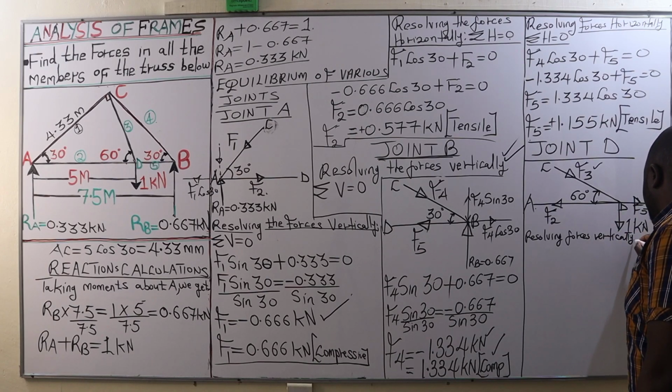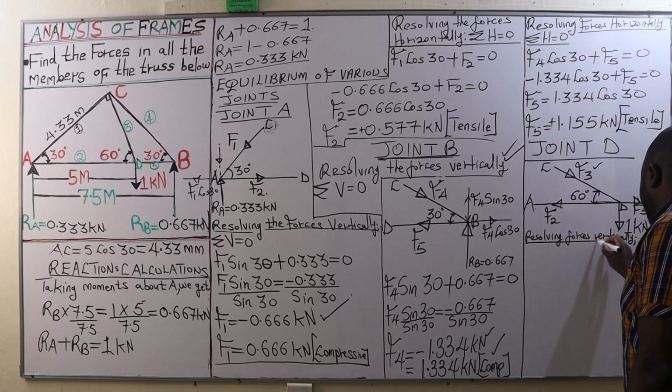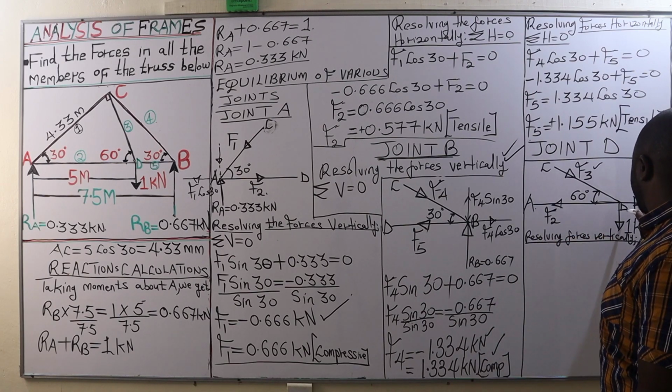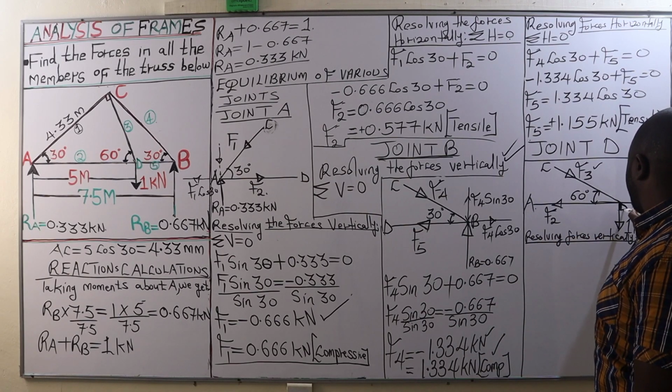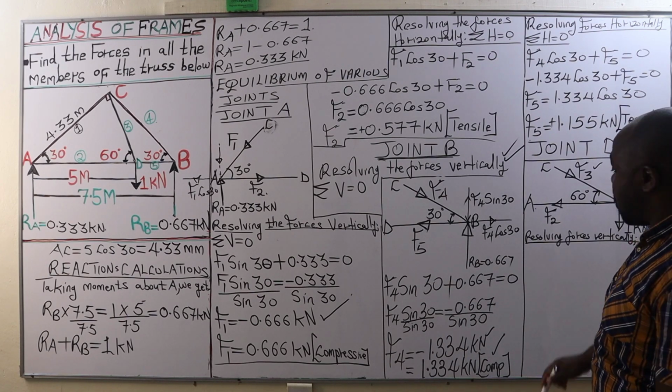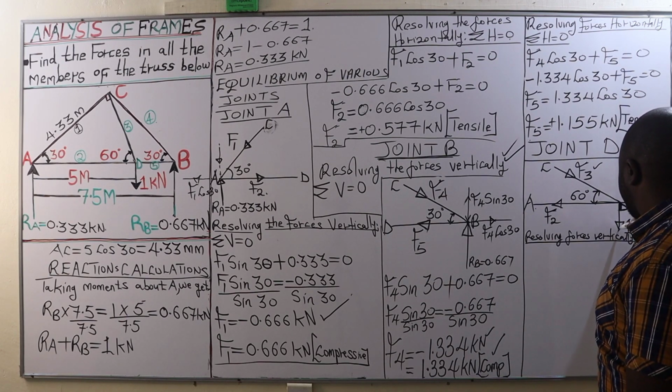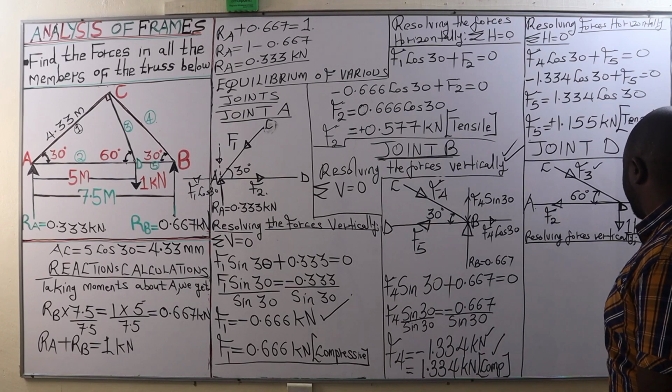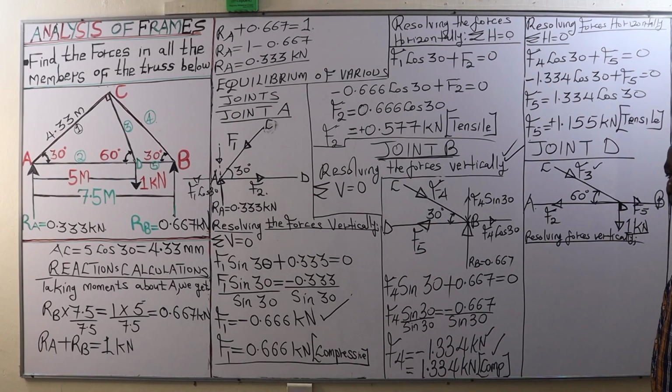Now, the load at joint D is acting downwards, and the size of that load is 1 kilonewton. Another vertical force acting downward will be F3 sine 60.